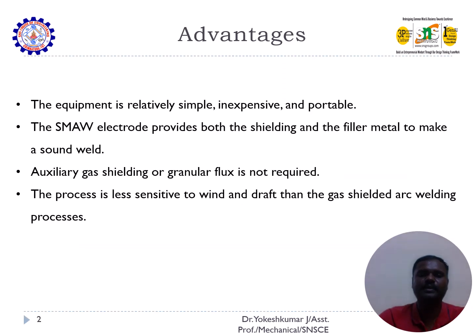Coming to the advantages, in this arc welding setup we have only a transformer, an electrode holder, an electrode and cables. So it is a very simple setup, and due to the less equipment used, it is very inexpensive.